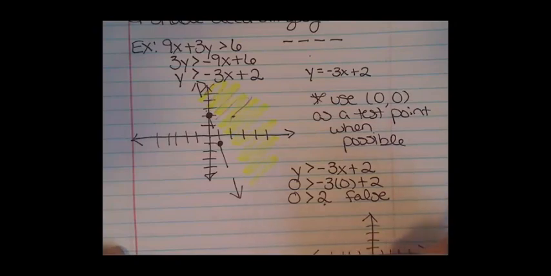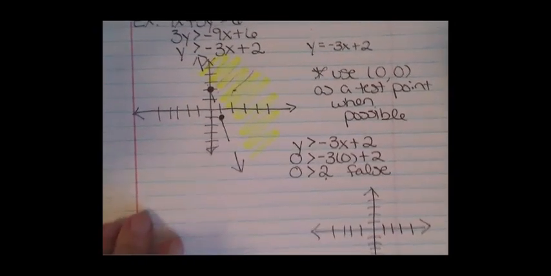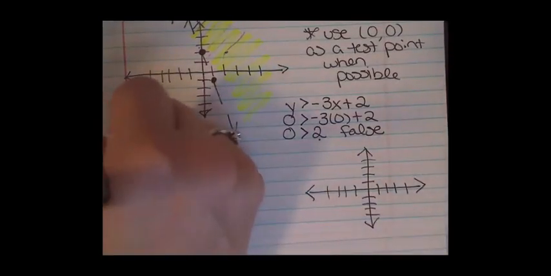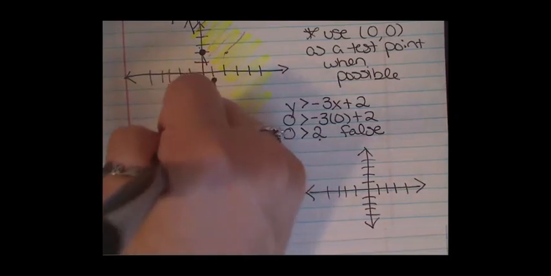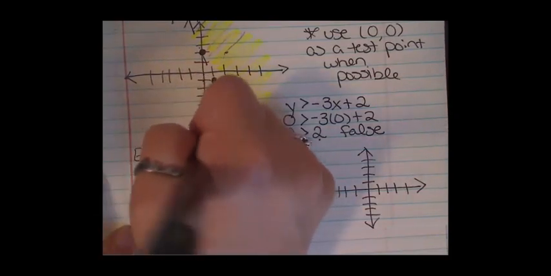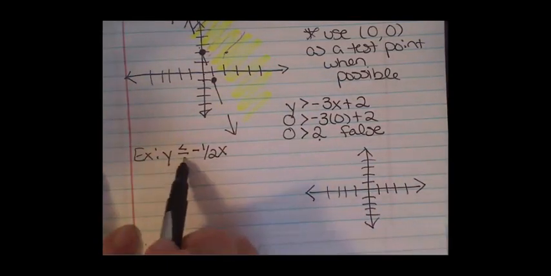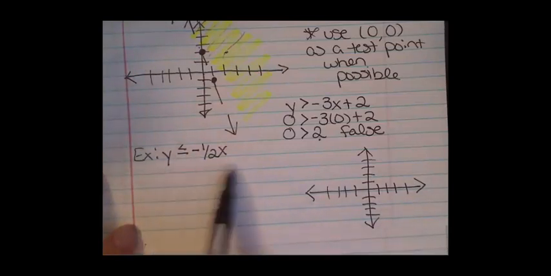Okay, so there's my little Cartesian coordinate system, and my example is going to be y is less than or equal to negative 1/2 x. So just based on my symbol right there, I'm going to be using a solid line. Now, what is my y-intercept?